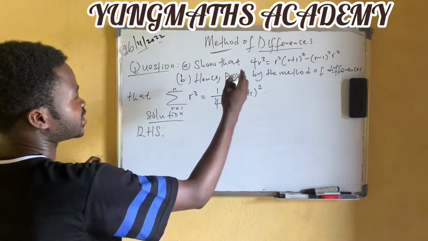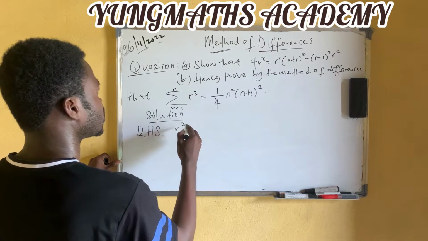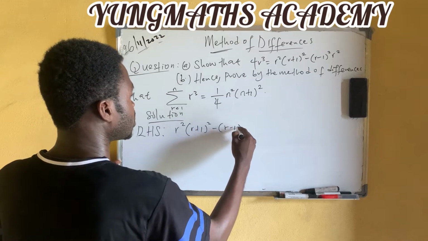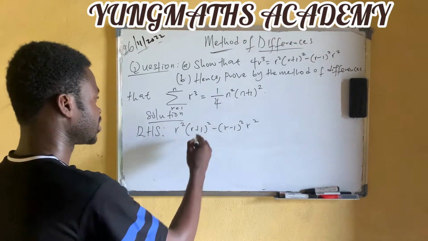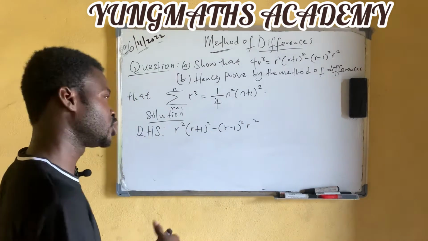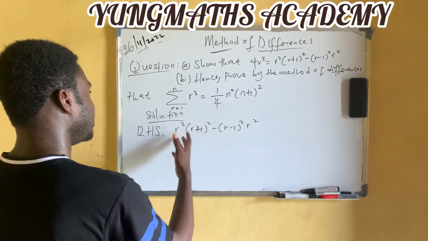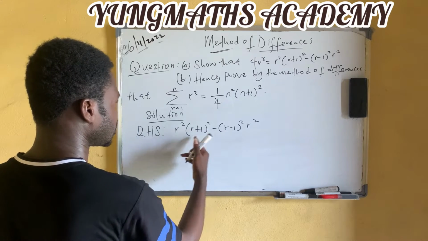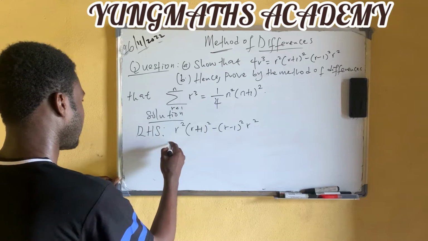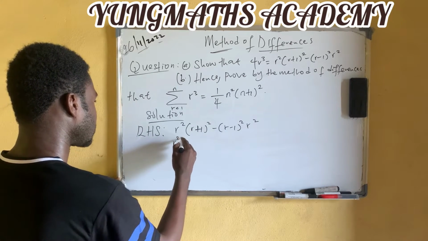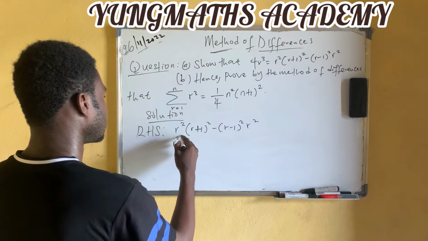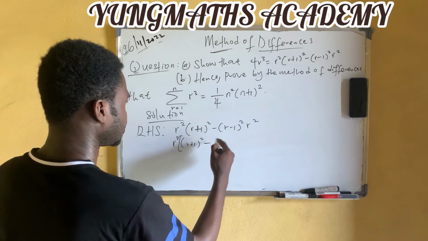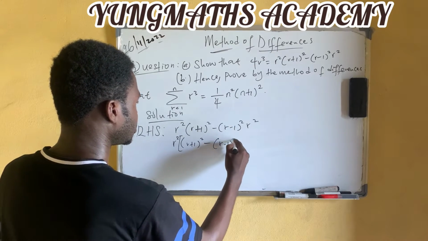On the right hand side we have r squared into r plus 1 squared minus r minus 1 squared r squared. This is just a simple thing to do. Looking at this critically, we can see r squared is common to these two terms here. So I'll factor out r squared so that I have r squared into r plus 1 squared minus r minus 1 squared.